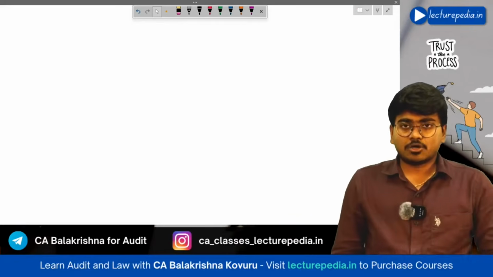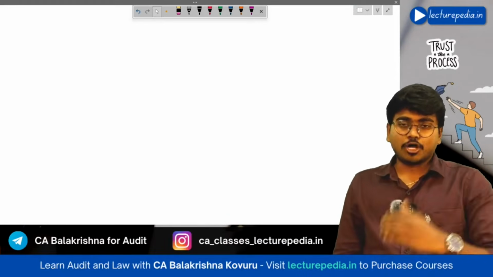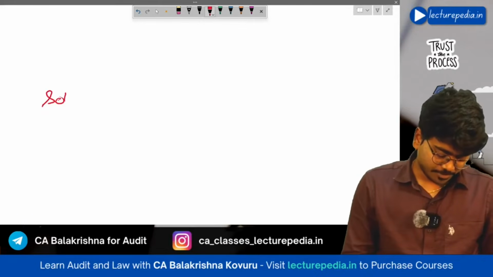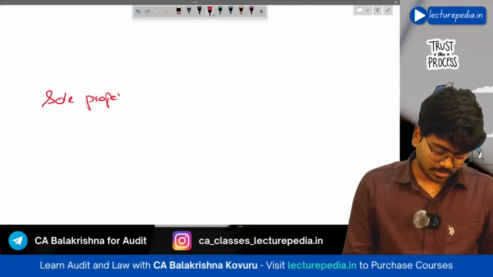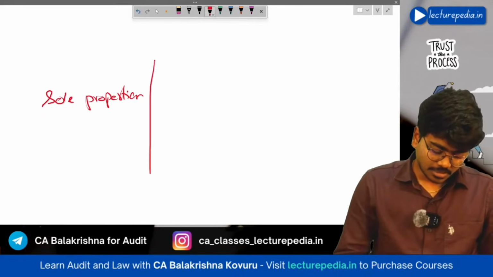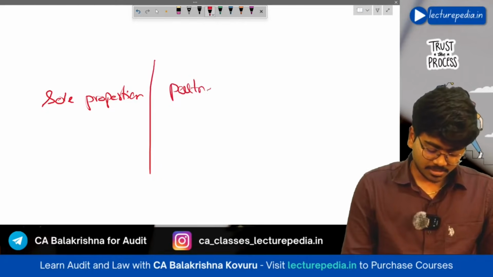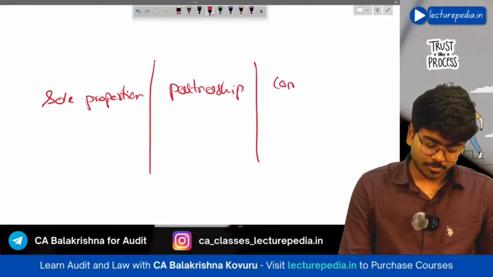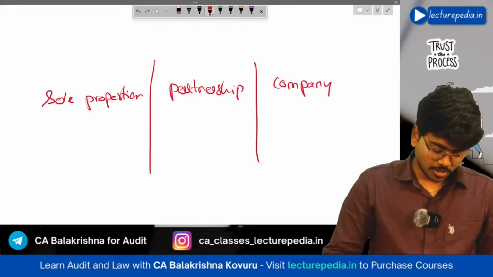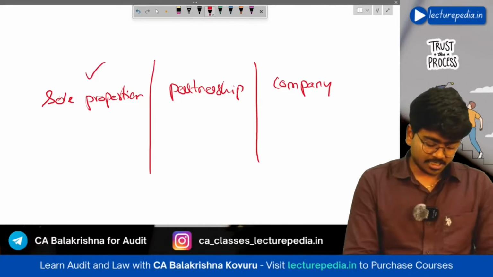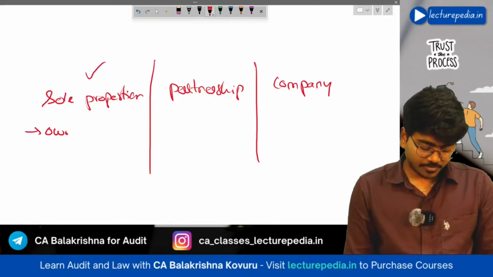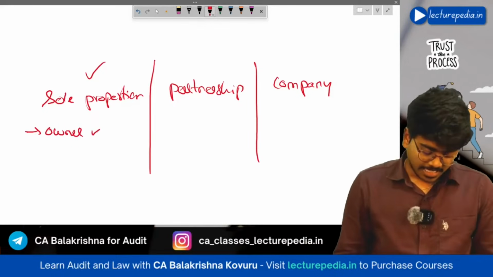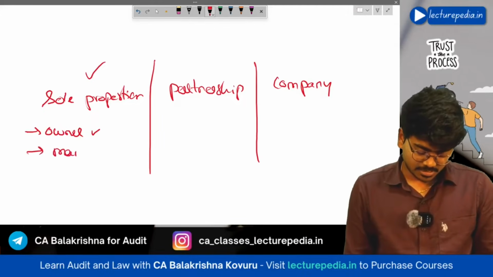Now if you see, broadly speaking, there are 3 ways or 3 formats of doing business, right? One is sole proprietorship, that is proprietor concern, and the other one is a partnership format, and the other one is corporate format or the company format. In the sole proprietorship, the owner will be the single person who has invested his amount and he himself will manage the business.